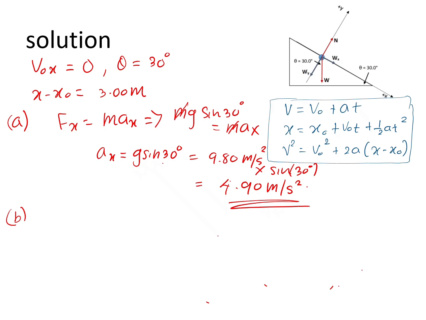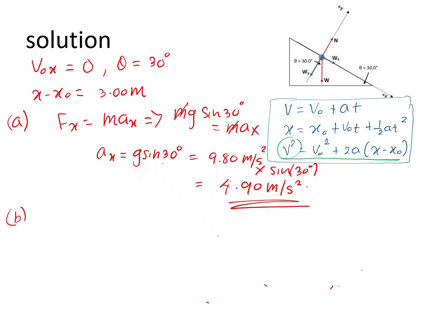We know the initial velocity, we know the acceleration, we know the change in position. So the best equation for this part of the problem is the third equation in our kinematic equation list. The only unknown here is the final velocity, because we know v naught, the acceleration, and x minus x naught.